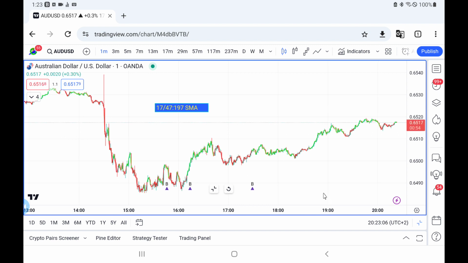For example, with a 10 pip take profit, we can see that all of these would have made a reasonable amount of profitability. But what makes this unique strategy stand out is that you can use 10 or 20 or 30 times the volume of the regular moving averages.